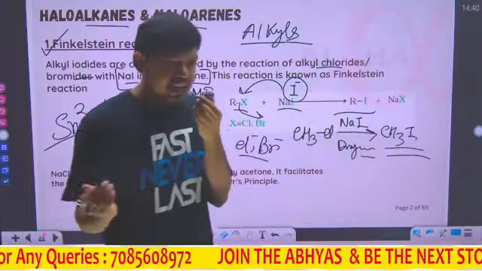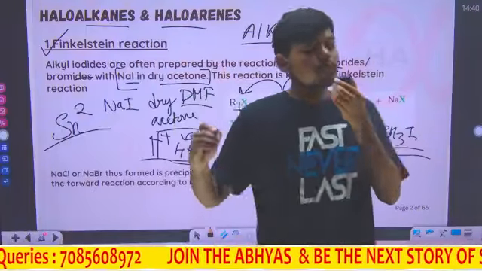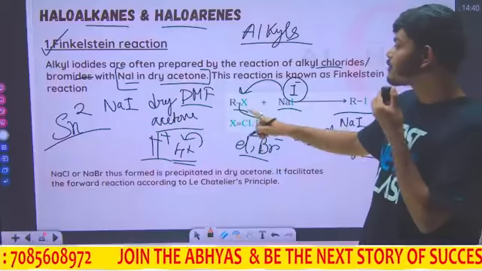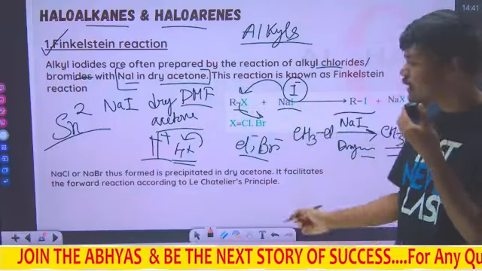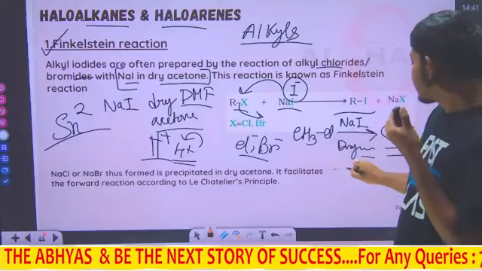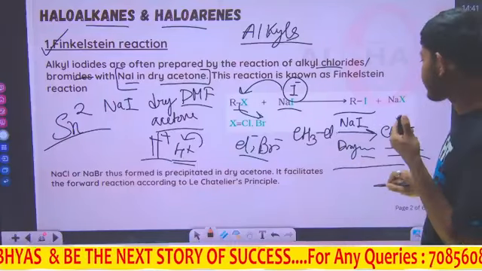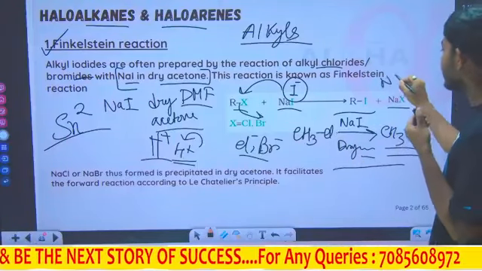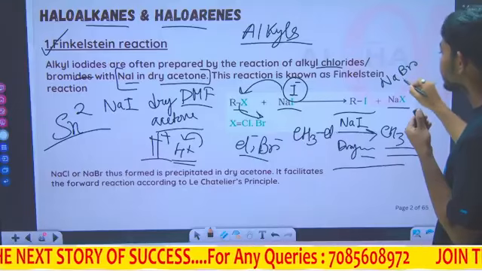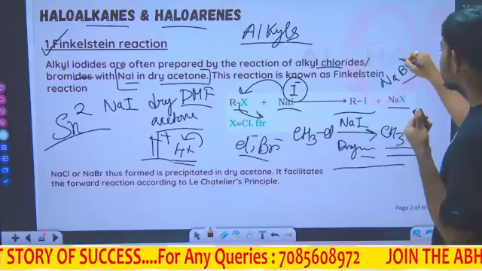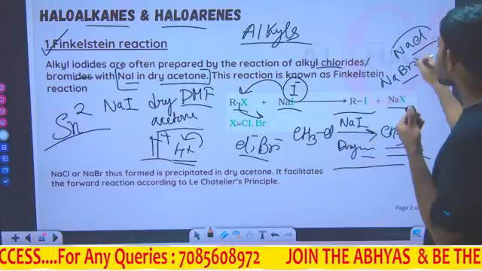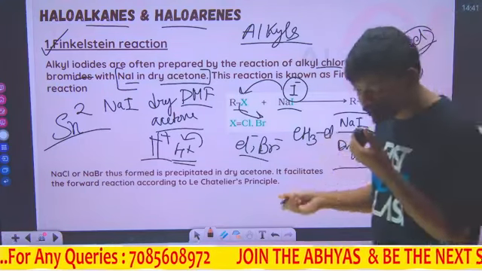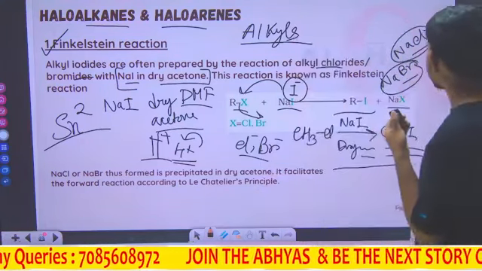Why do we have to react it with sodium iodide and dry acetone? It's because in this reaction, the product we get is NaBr when you react with CH3Br, and NaCl when you react with CH3Cl. The product just settles down.